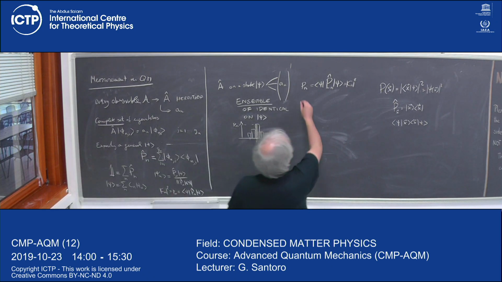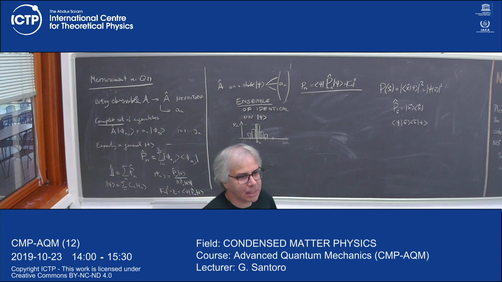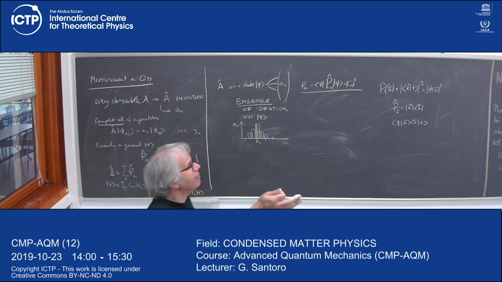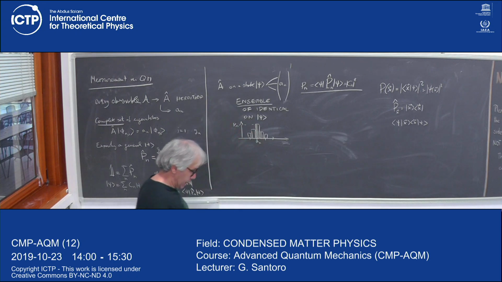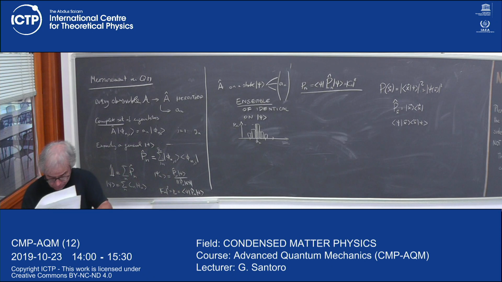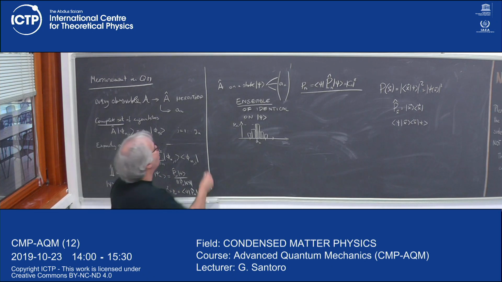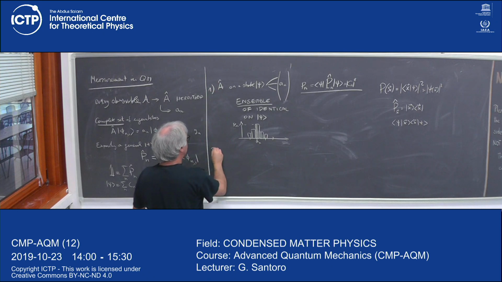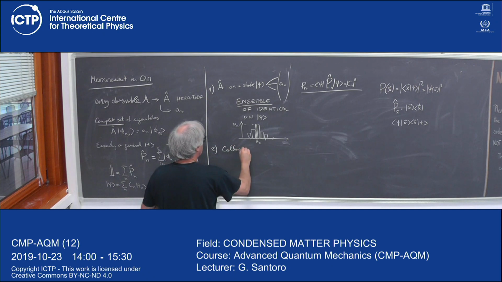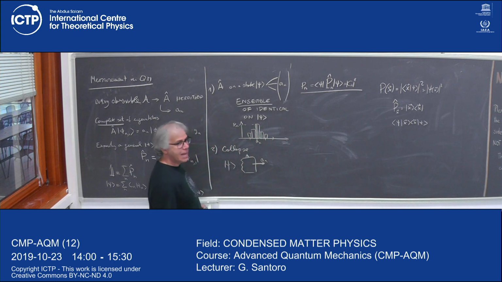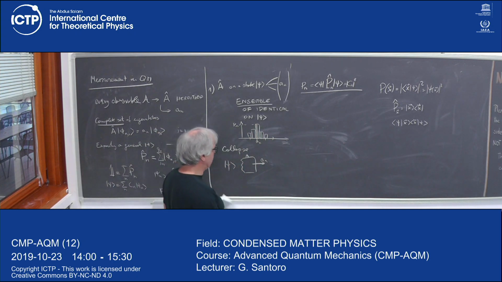Good. So this is the quantum mechanical rule to calculate the probability that I measure the eigenvalue An when I repeat measurements of the observable A. Rule number 1. But there is a rule number 2, which is the following. The collapse. After I have psi, I have the apparatus which measures A. The apparatus gives as an answer An, each time a possibly different thing.